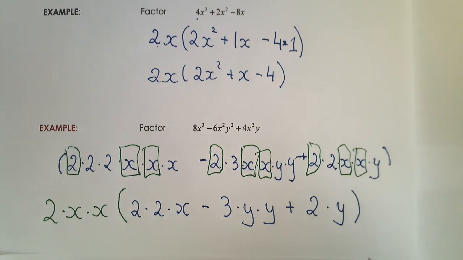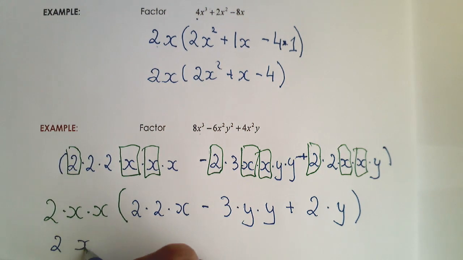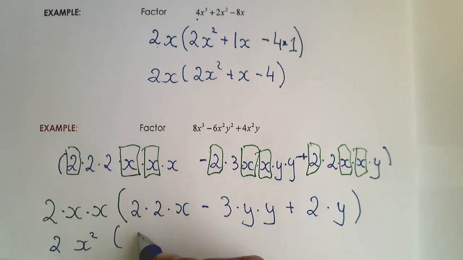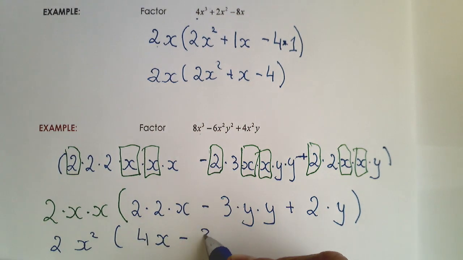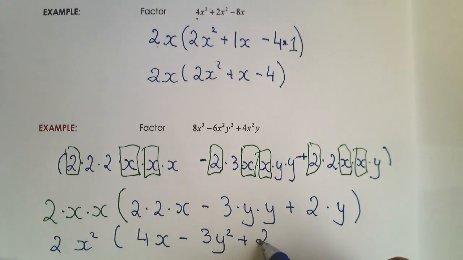And I will close the bracket. And of course, the last thing is to clean it up. So this will be 2x squared. This will be 4x. This one will be 3y squared. And this one will be plus 2y. And I'm done with this one.